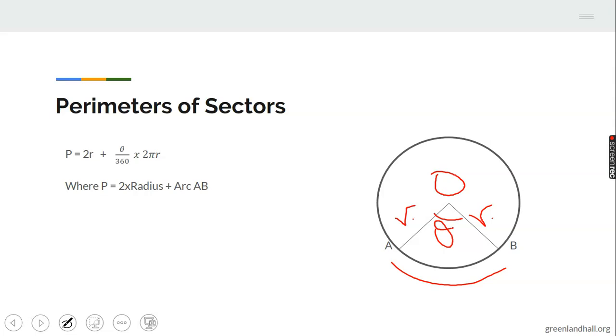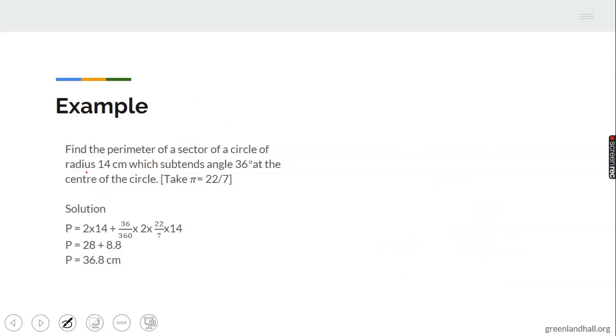So we already know how to find the length of arc. So we now have 2r plus arc length, which is theta over 360 times 2 pi r. So that's the perimeter. Now let's do an example.